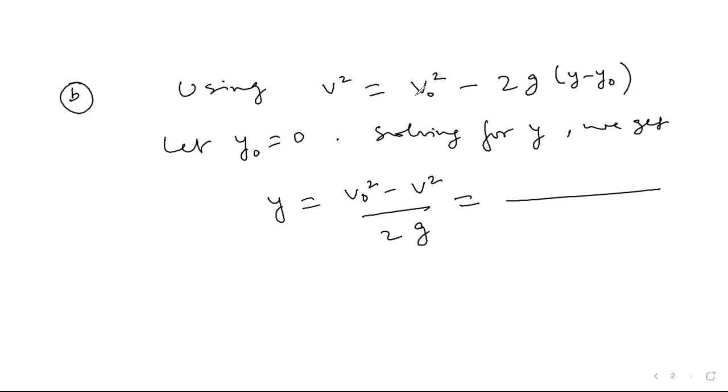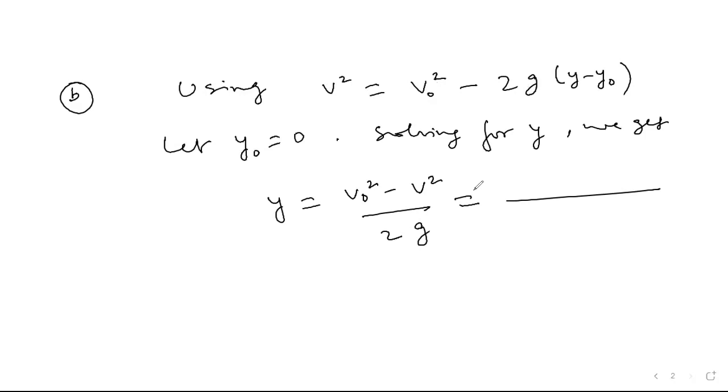You can check it. You put y naught 0, then solve for y. It will become v naught square minus v square over 2g.